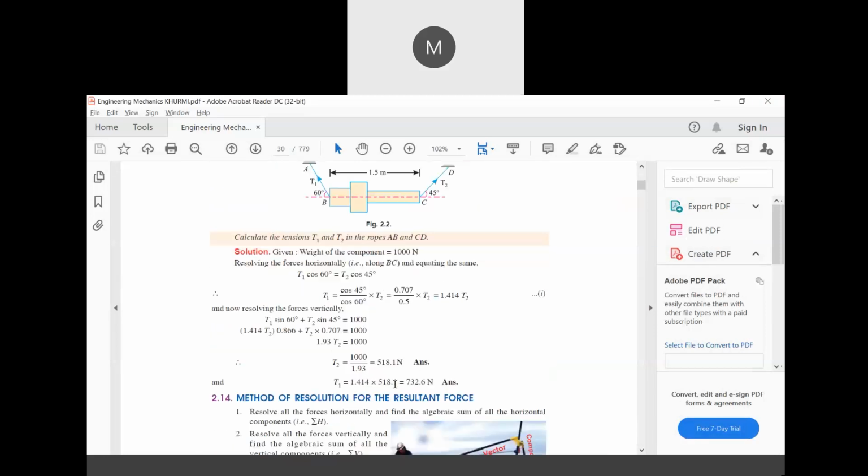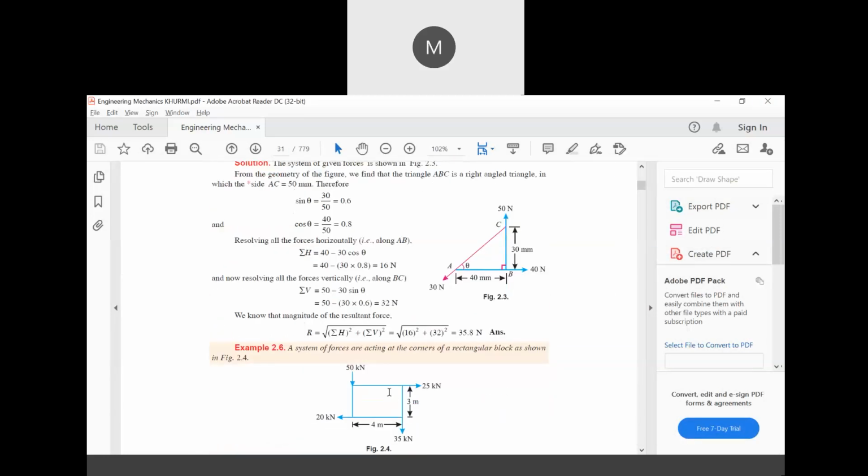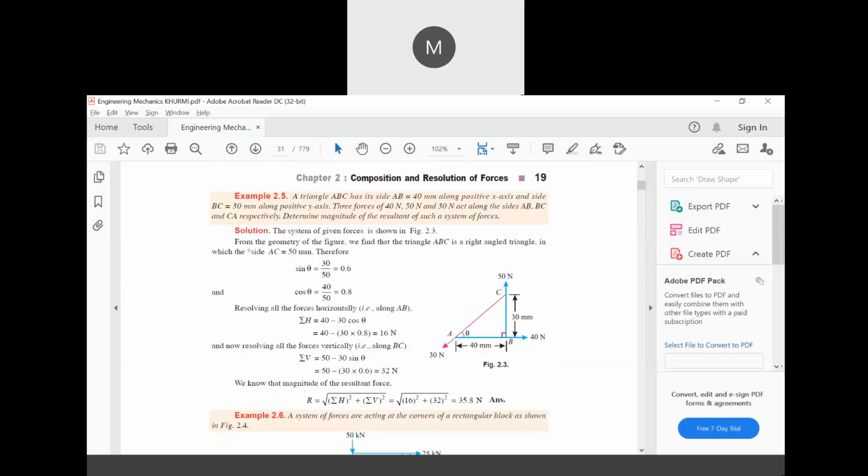So here, in this following numerical, how to solve it? First of all, look at this. We just drew this diagram, right? Now, if you have drawn this diagram, this is a triangle ABC, and the dimensions are given 40, 40.